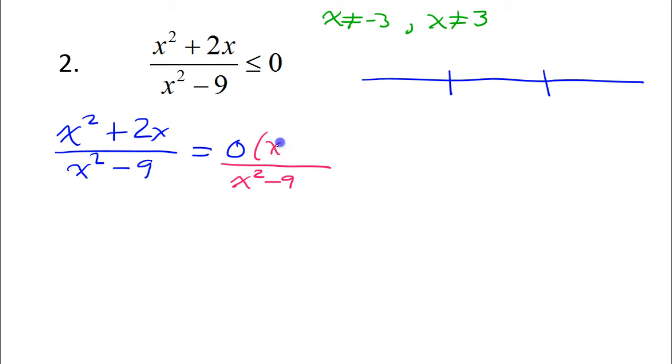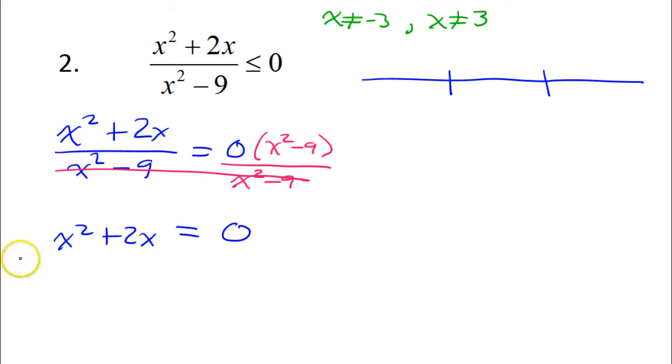I can do that as long as I put x squared minus 9 in the numerator as well. Now these denominators are going to cancel each other out. So my new equation is x squared plus 2x equals, now 0 times anything is just 0. So I just need to solve this equation and get some additional values for my number line.